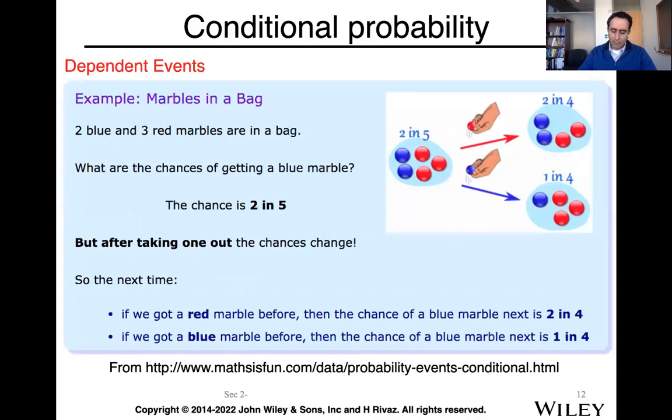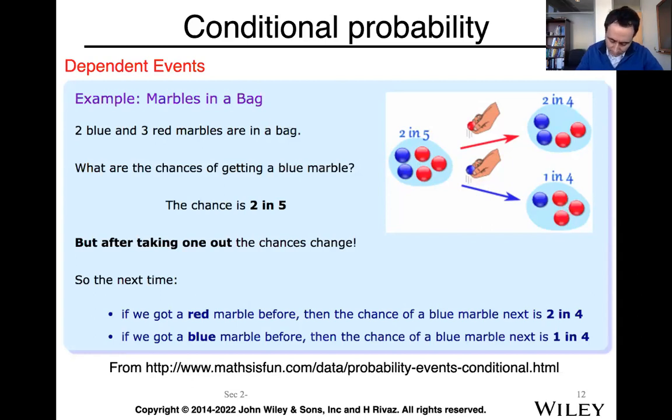So what is a dependent event? Assume that we have a bag of marbles, right? And inside we have 2 blue marbles and 3 red marbles, right? So the chance of getting a blue marble is 2 in 5 because we have 2 blue, right? But the point is that after picking the first marble, depending on the color of the marble, the chance of getting a blue marble in the next trial does change, right?